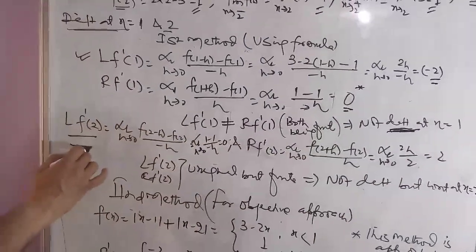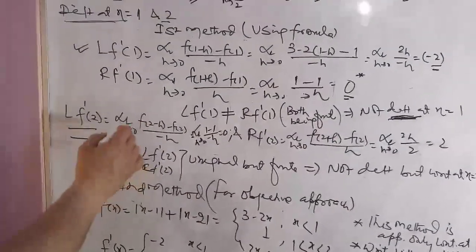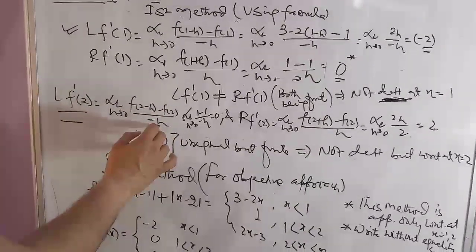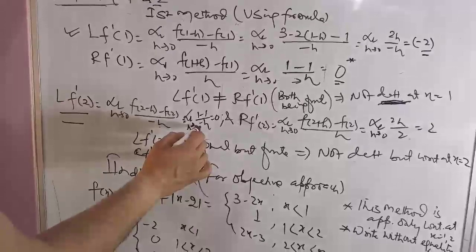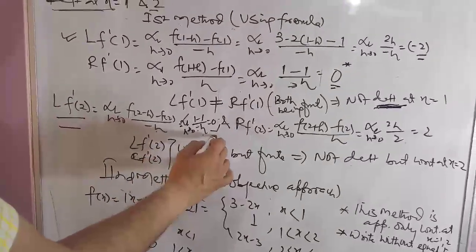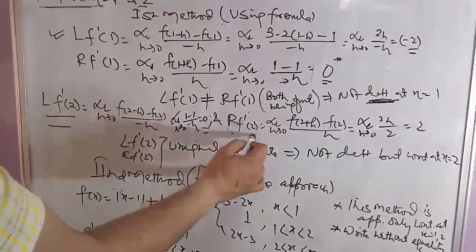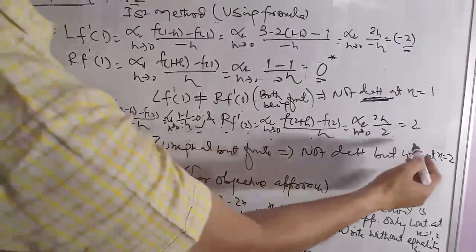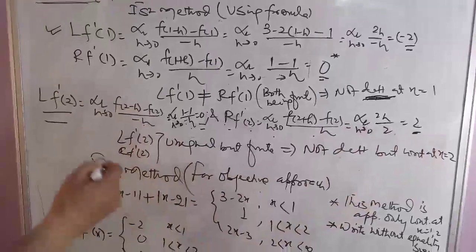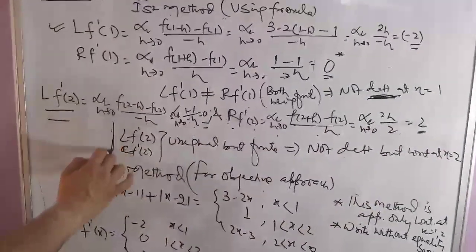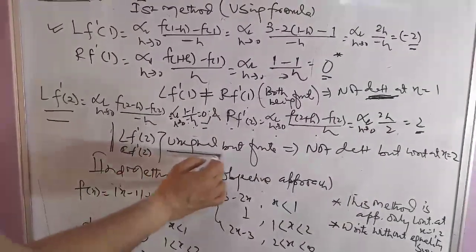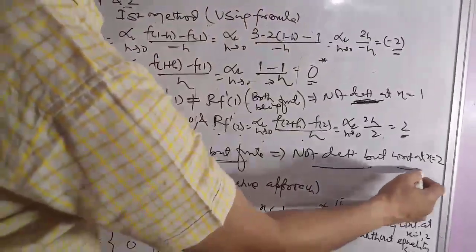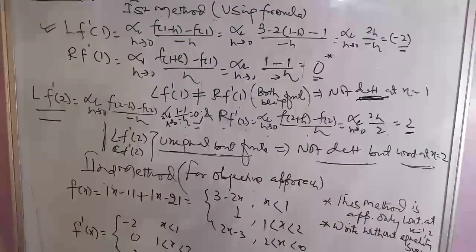Similarly at 2, L f dash 2 equals limit h tends to 0, f of 2 minus h minus f of 2 by minus h. 1 minus 1 upon minus h gives result 0, and R f dash 2 equals limit h tends to 0, f of 2 plus h minus f of 2 by h. This will give result 2. Here L f dash 2 and R f dash 2 are unequal but finite, so not differentiable but continuous at x equal to 2.